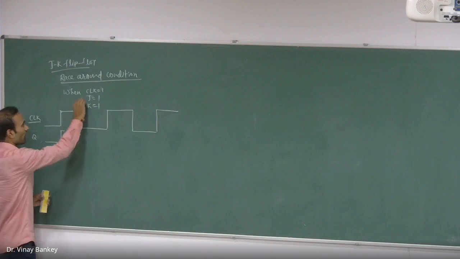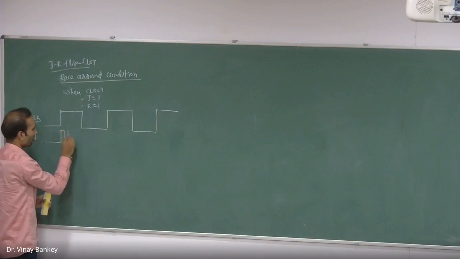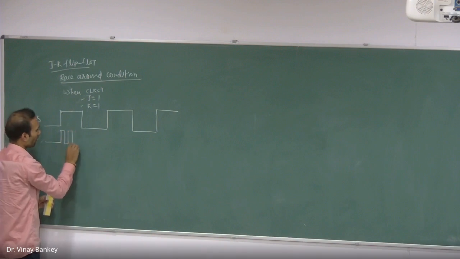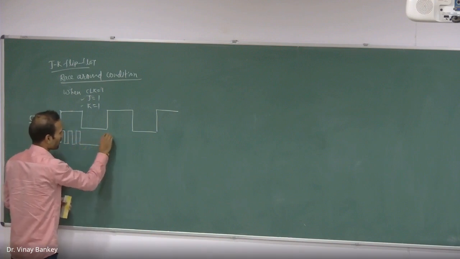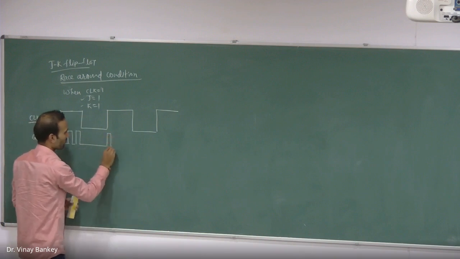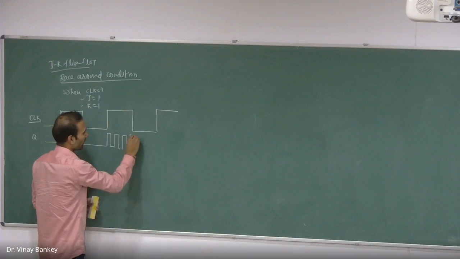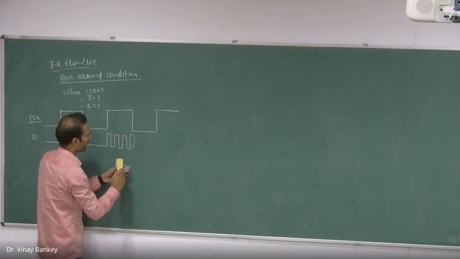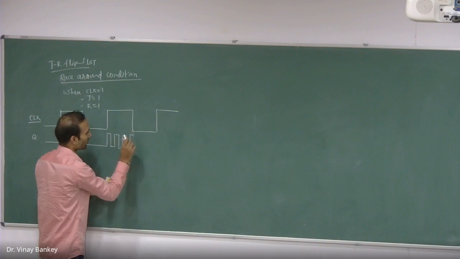And J and K both are connected, so again it will become 0, then 1, then 0, then 1, and then 0. Similarly again for the high level of this clock pulse. This condition is called racing. And here, if you see, at the end of this clock pulse you have a high.